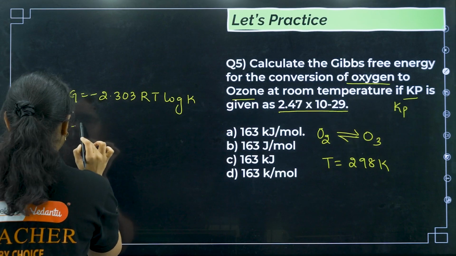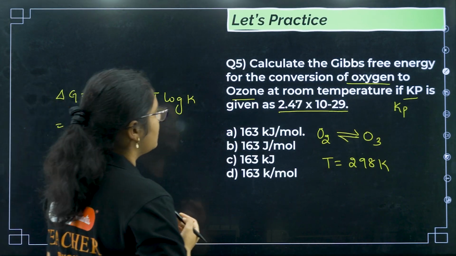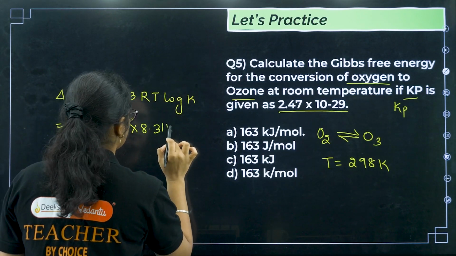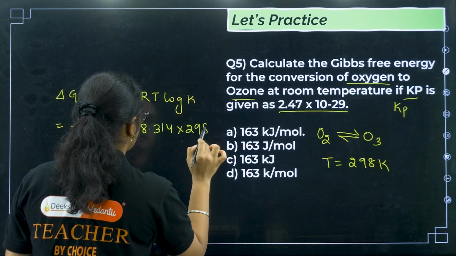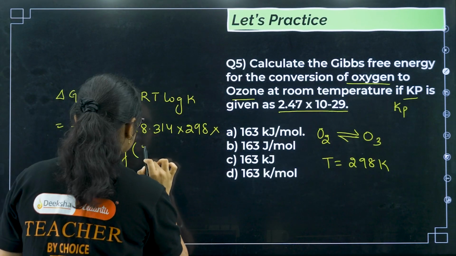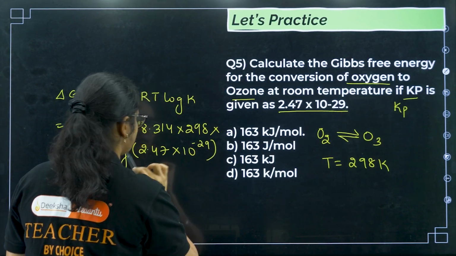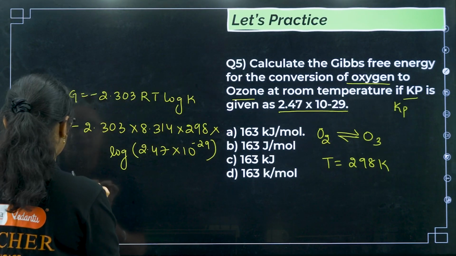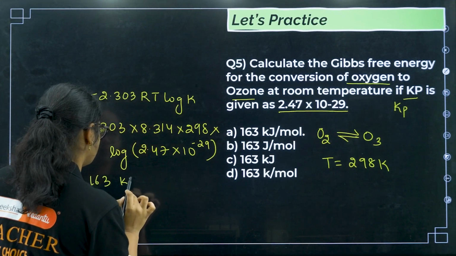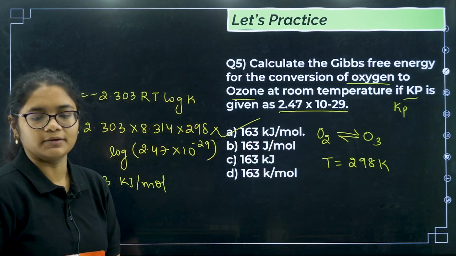So we will have minus 2.303, R value is 8.314, then temperature is 298 into log K. K value is 2.47 into 10 to the power of minus 29. Now if you solve this, you will be getting around 163 kilojoule per mole. The correct answer for this question will be option number A.